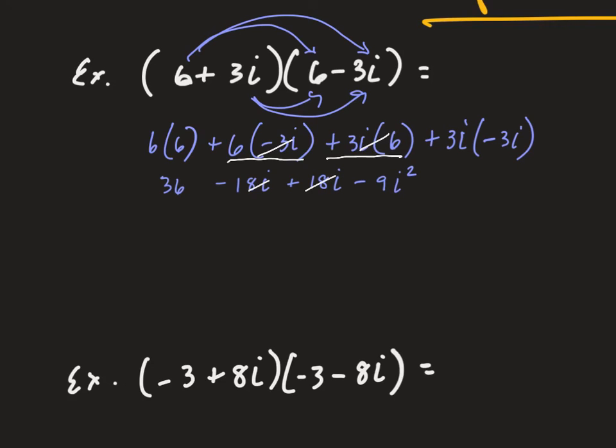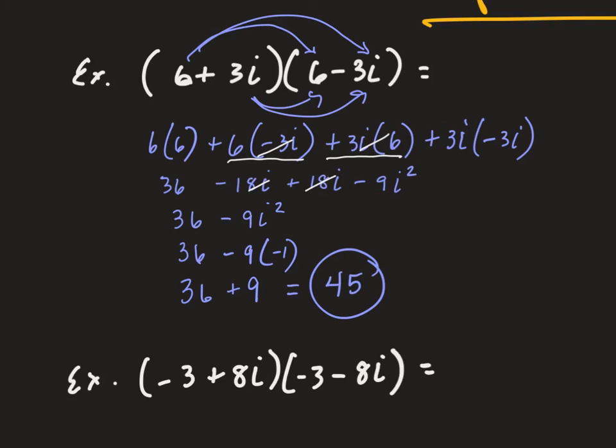They became 0. That's part of the reason we use the conjugate, to get rid of that. Now I have 36 minus 9i squared, which is 36 minus 9 times negative 1. Remember, i squared is negative 1. That's 36 plus 9, which is equal to 45.